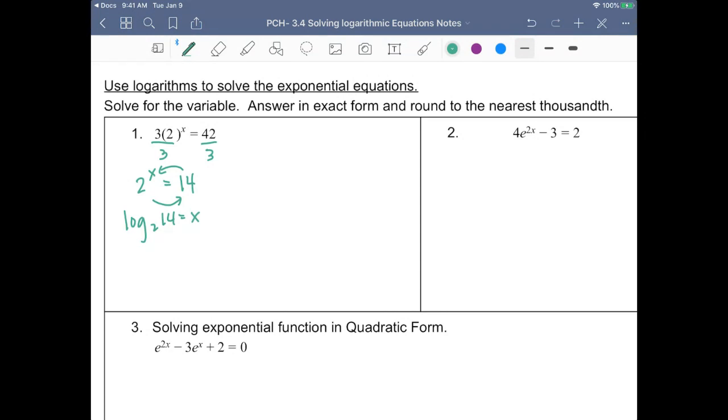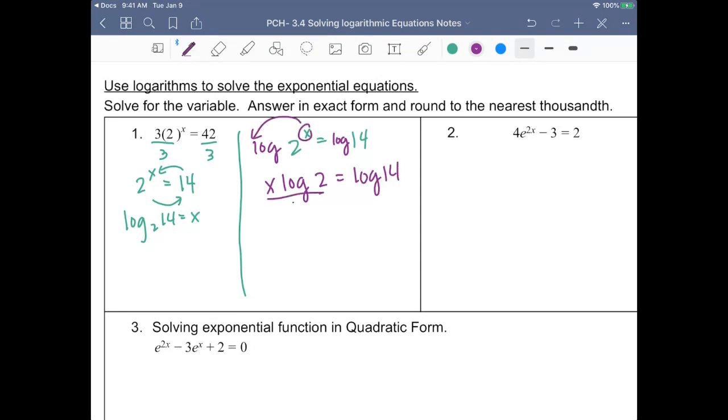Okay, the real way to do this is like this. 2 to the x is equal to 14. We are going to take the log of both sides. So x times log of 2 is equal to the log of 14 using my power property.